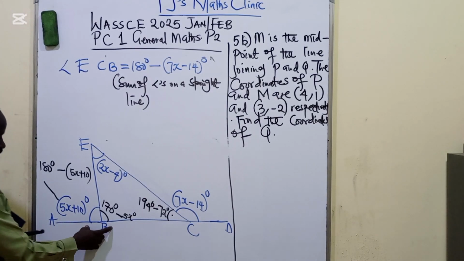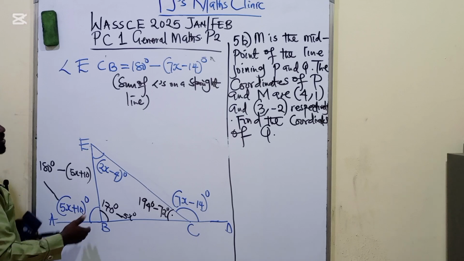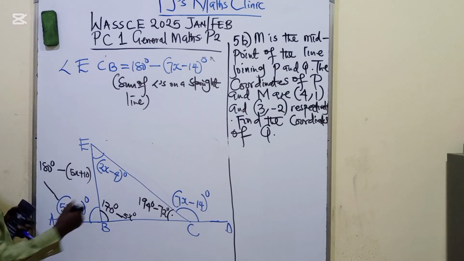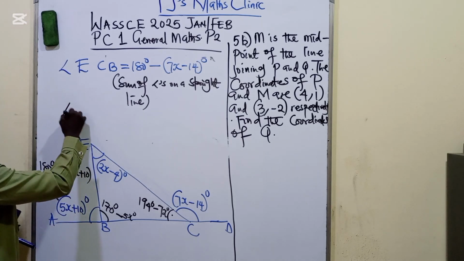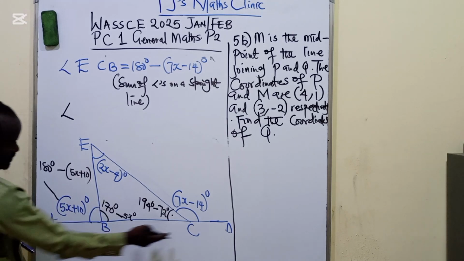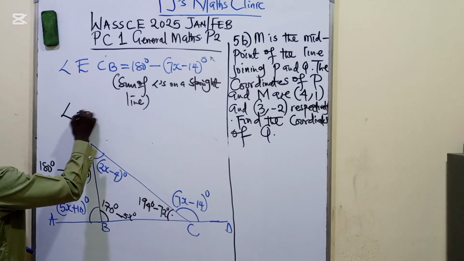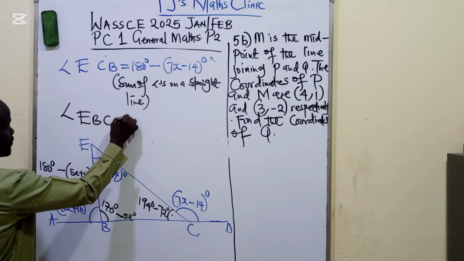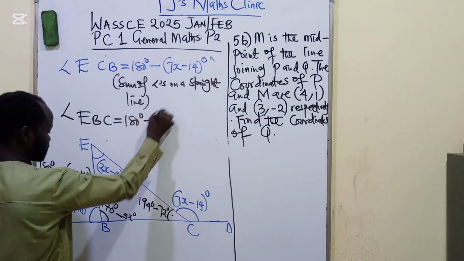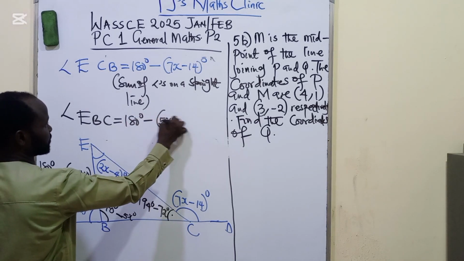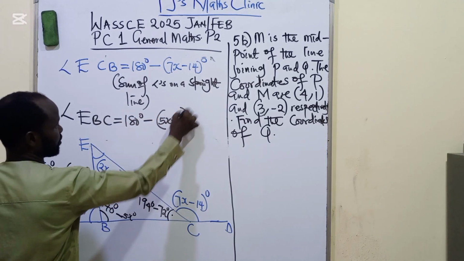The same thing here: sum of angles on a straight line. So we can as well say that angle EBC will be 180 degrees minus 5x plus 10, all in degrees.